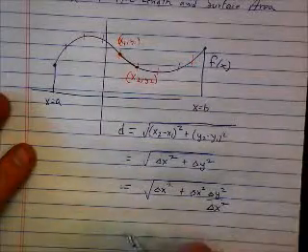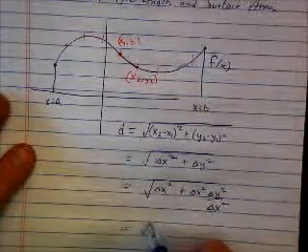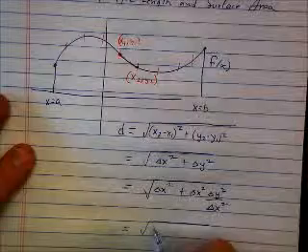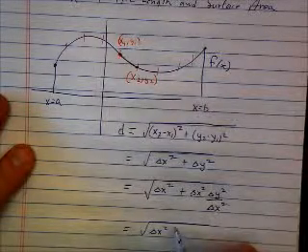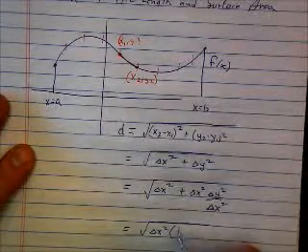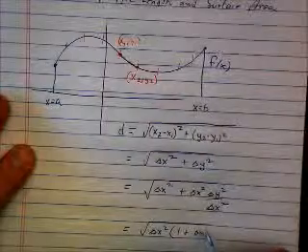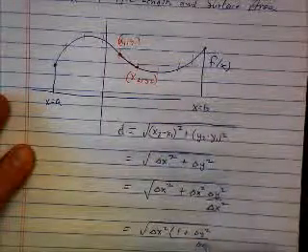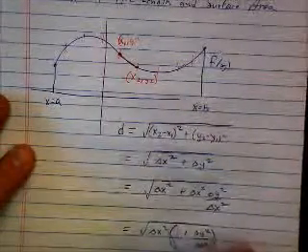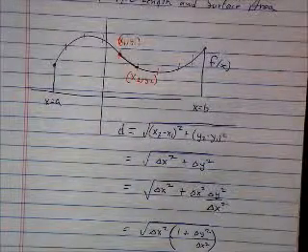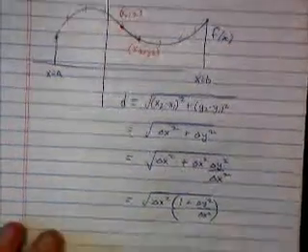Okay? So this is the same as the square root of delta x squared times 1 plus delta y squared over delta x squared. What did I do that time?